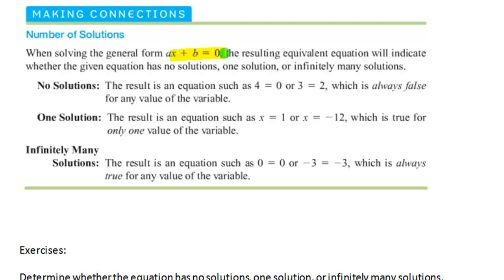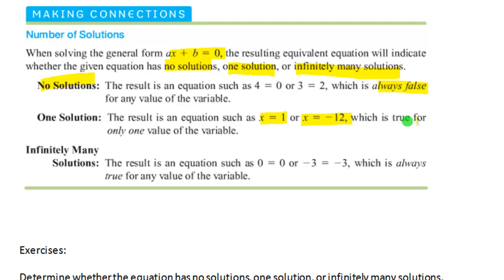So here are some solutions for the equation ax plus b equals 0. You have three cases. One is the case with no solution. So if when you're solving your equation, you end up with a statement like 4 equals 0 or 3 equals 2, something that is always false and doesn't have a variable, then you have the no solution case.